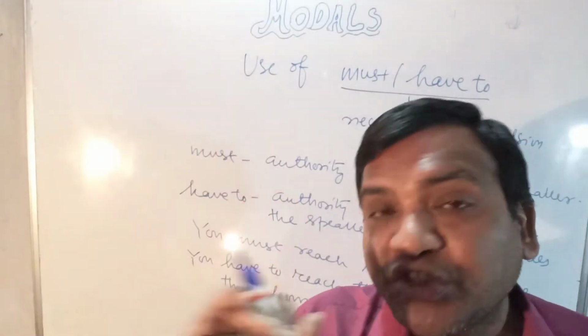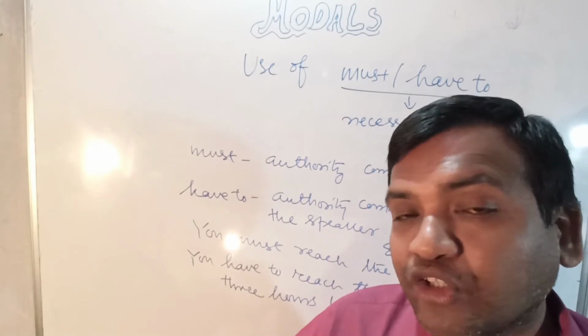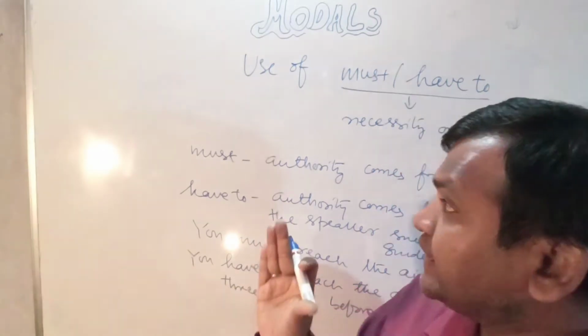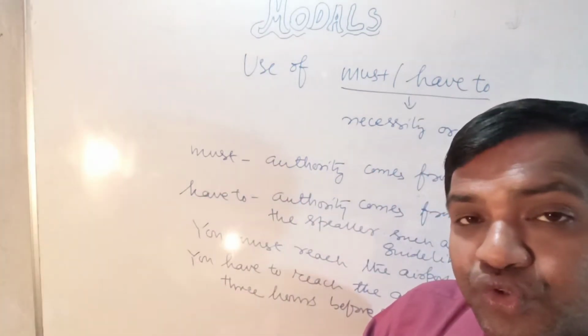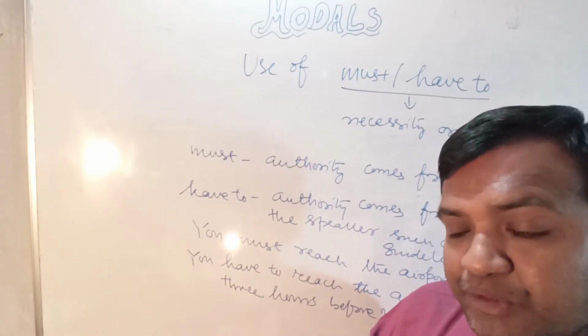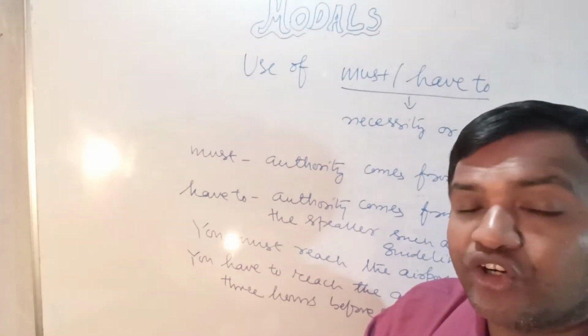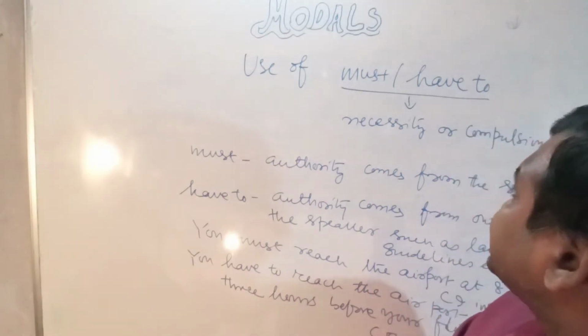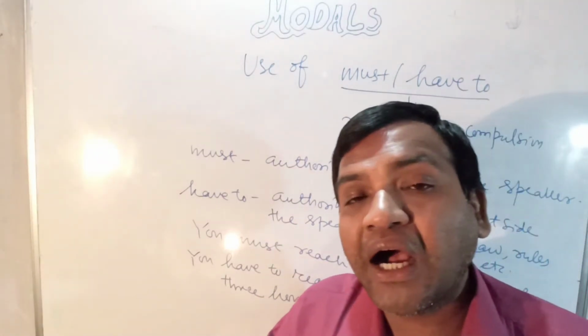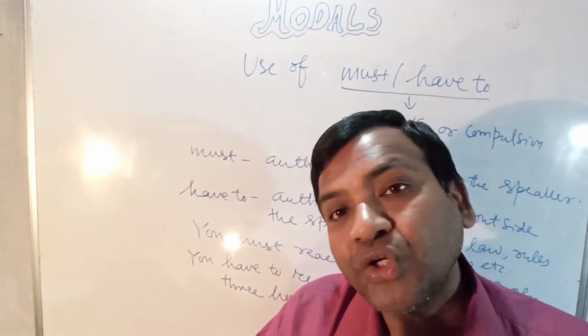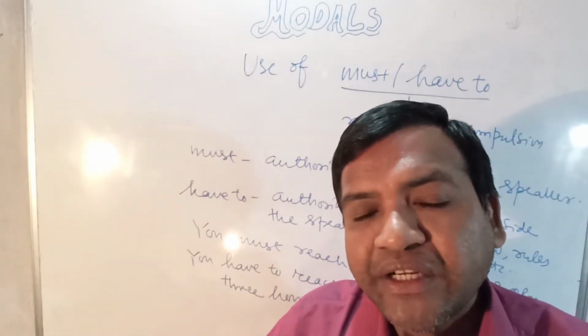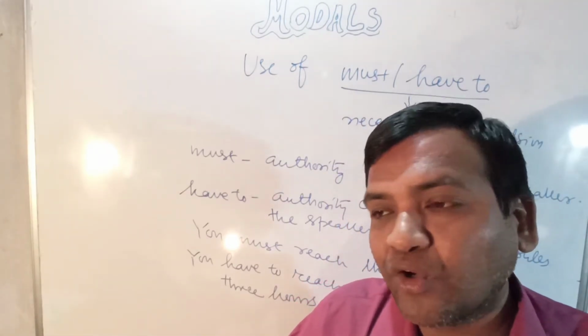Authority is coming from outside, not from inside or from the speaker. So must and have to are used according to the situation, according to the necessity or compulsion. It is mandatory to reach there, because verification, checking, all these things are there.